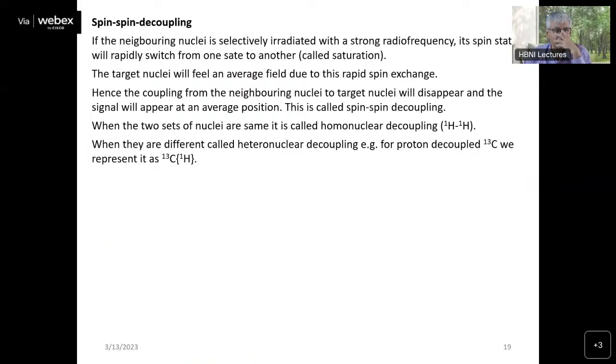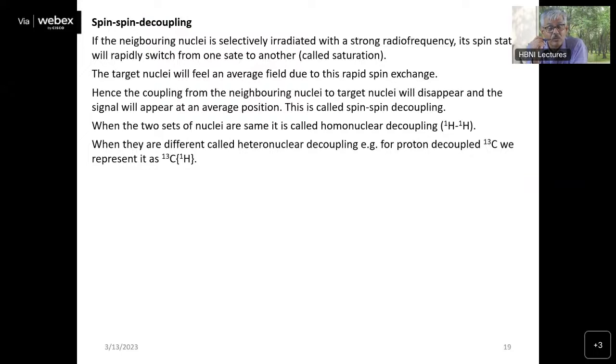Now, what is spin decoupling? Okay, so now what we saw is that this coupling is coming because you have the 2 clear-cut energy levels of the neighboring, let us say in this case, protons, alpha or beta, and these spin states are interacting with your target nuclei. These spin magnetic moments are actually interacting, so that the field experienced by this target nucleus is slightly more or slightly less.